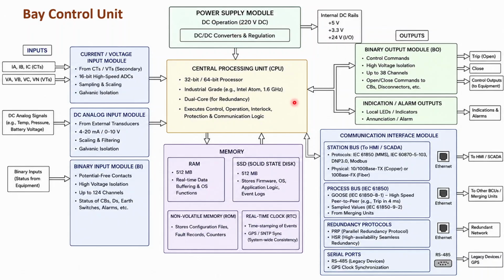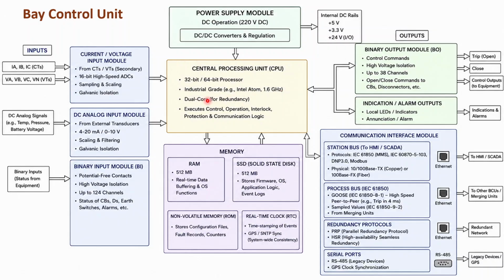And you have the central processing unit to process all these incoming signals, right? And that is typically a 32-bit or 64-bit processor, and it's an industrial grade processor. For example, it could be a 1.6 gigahertz Intel Atom processor, or any other type based on the bay controller unit, right?